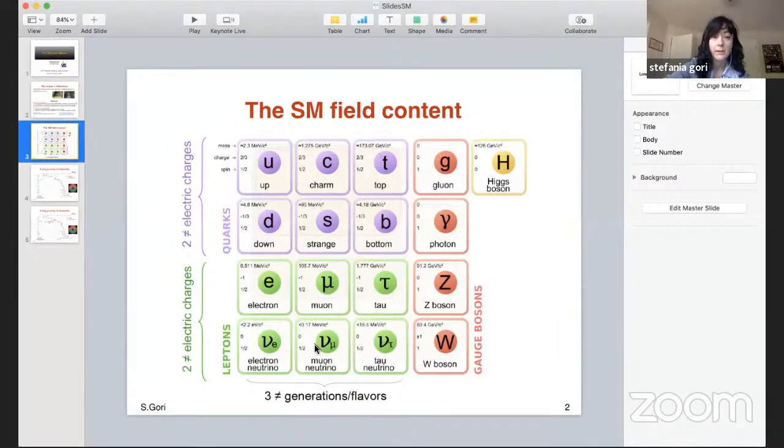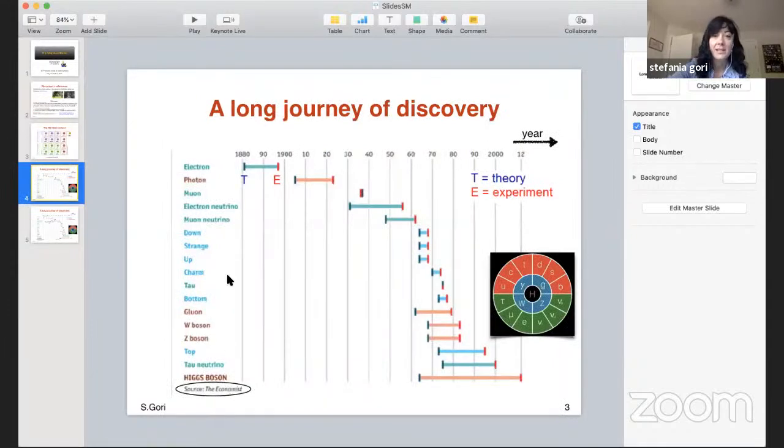Okay. And what is quite cute, and that's why I like to present this slide, is that on the next slide, it took us quite a bit of time to discover all these particles, and there is this nice cartoon that I took from the Economist that shows when we discovered all these particles, if you're curious. So this is a nice summary. Starting from the electron, we have here the experimental discovery by Thomson. And then we have here in 2012 the discovery of the Higgs boson at CERN. And also what is interesting about this cartoon, as you see, is that each particle has two dates.